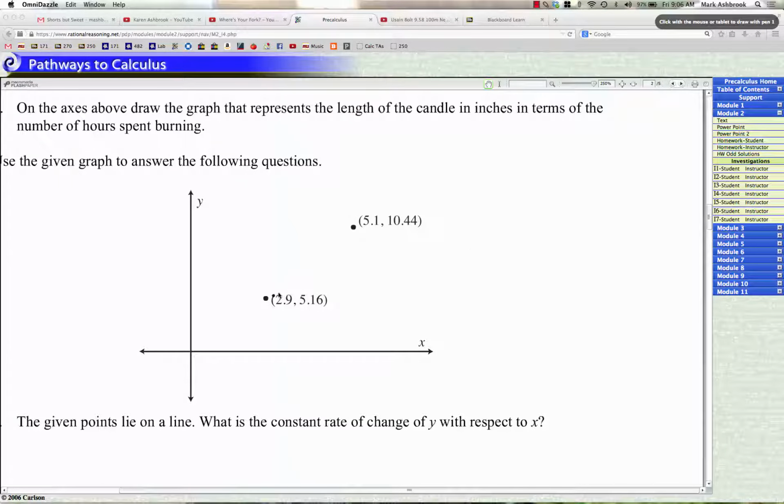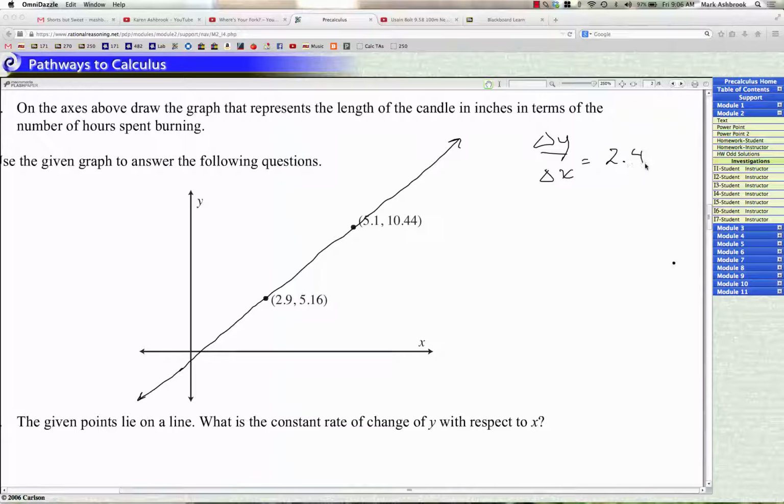So we found the equation of this line, did we not? I think we found the constant rate of change was 2.4. And so we worked on this process, but really, that's supposed to be a line, by the way.